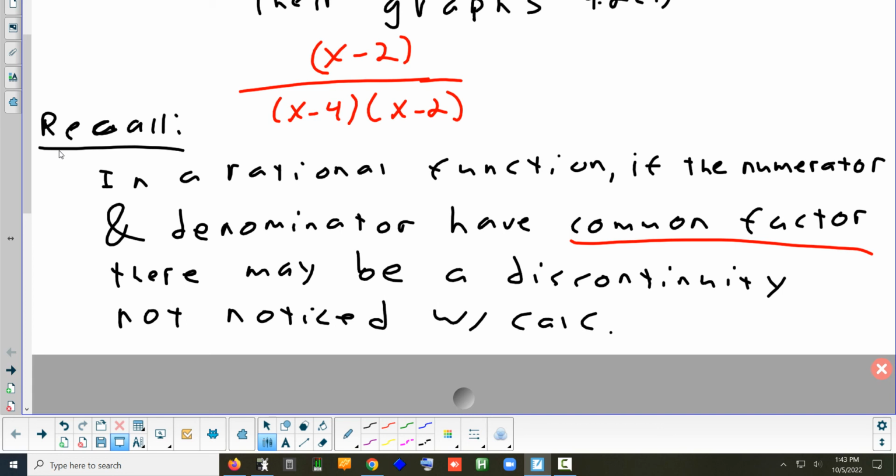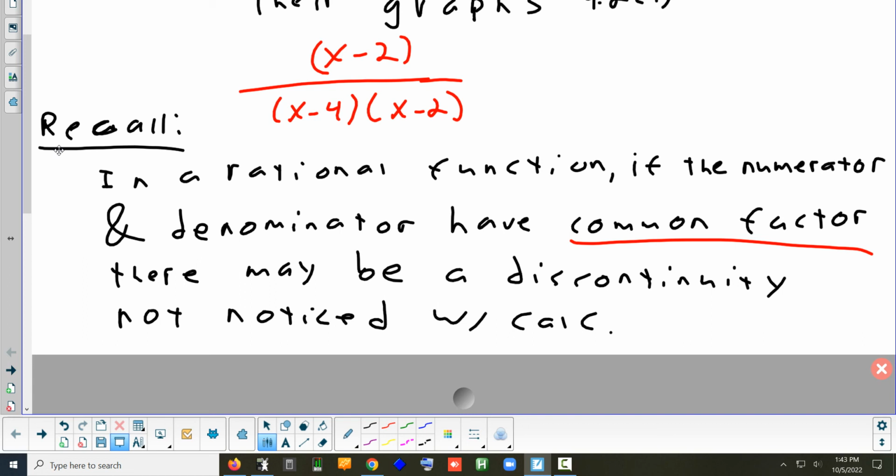Why do you say the 2? Anyone else have a thought? So first of all, do we have a common factor in the top and in the bottom? Yeah. What is the common factor? X minus 2. Okay, that's the common factor. If you have a common factor in the top and in the bottom, that's when you get a hole in the graph.